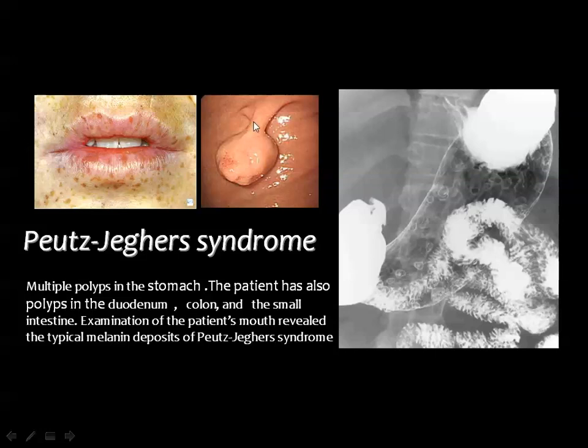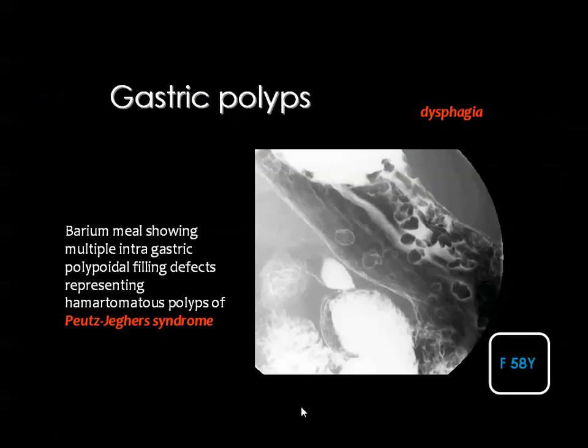Many of the polyps are pedunculated, and also you see this very typical pigmentation in the circumoral region and in the hand as well, and this will help you to reach the diagnosis. And this is a case of Peutz-Jeghers syndrome showing many of the gastric polyps.